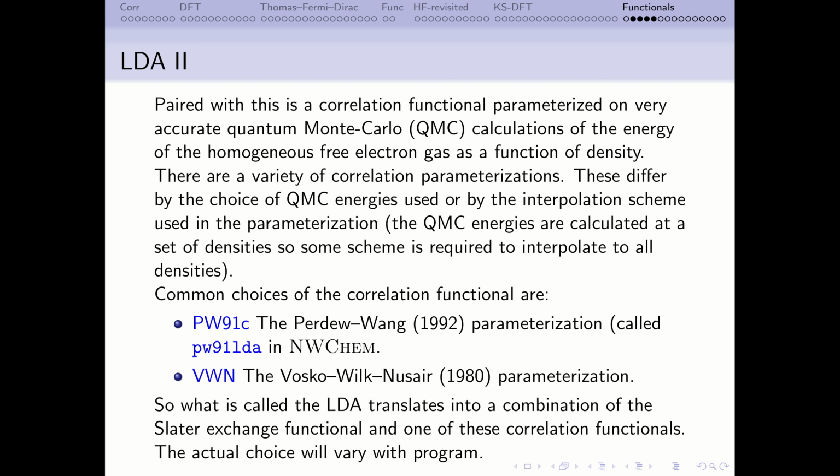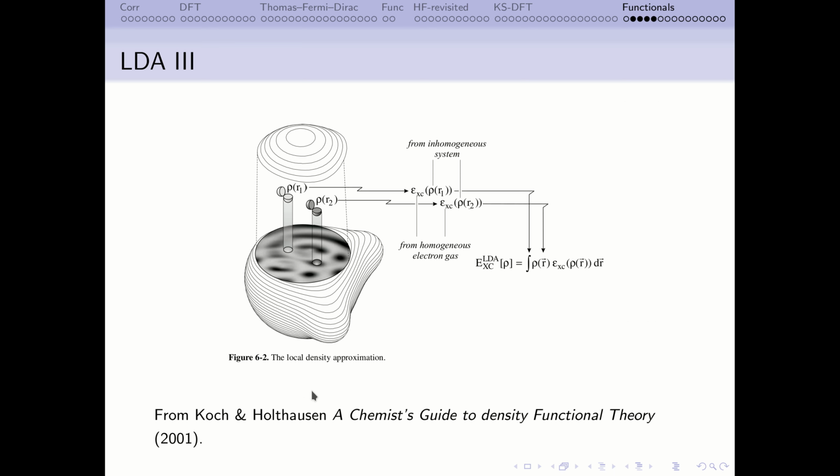This is a fit which has been done, and you can do it in a few ways, and people either use the Perdew-Wang parameterization or the Vosko-Wilk-Nusair parameterization. There are small differences in these two, and some functionals use one and some the other. But they are all part of the LDA.